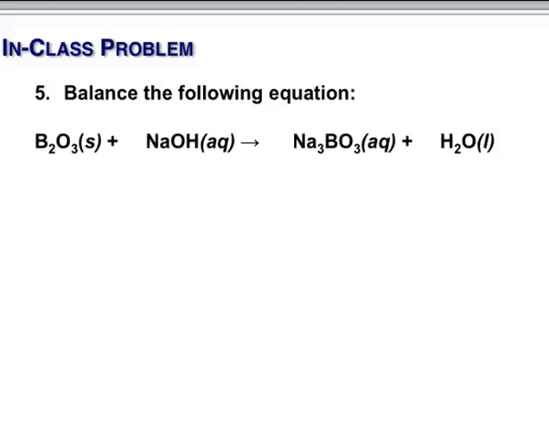So let's double our boron. Now let's see what we've done. We have 3 sodiums for every borate, right? Therefore, we have 6 sodiums here, right? This is the only place we have sodium, so we got to put a 6 there.